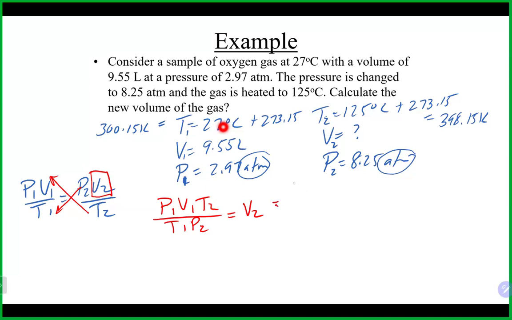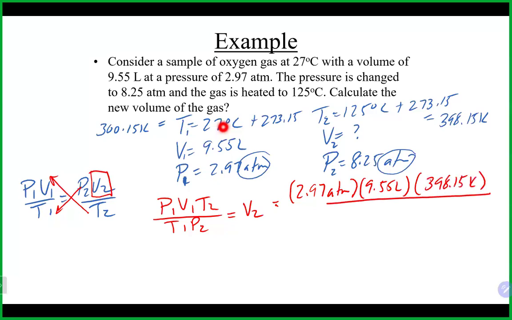Putting our numbers in the right spot here, we got our P1 there, which is 2.97. We have our V1, which is 9.55 liters. And again, T2 goes up on top here, 398.15, all divided by our T1 on the bottom, which is 300.15, and our P2, which is 8.25. In terms of units here, atmospheres on top and bottom cancel, Kelvin on top and bottom cancel.